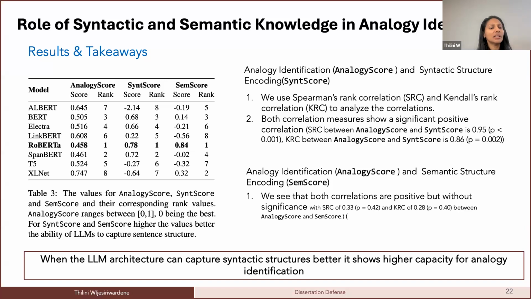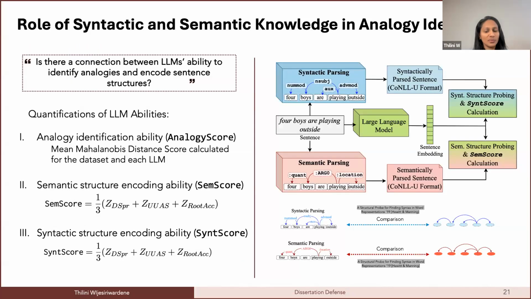So at a very high level, when the LLM architecture can capture syntactic structures better, it shows higher capacity for analogy identification. That is what we figured out.